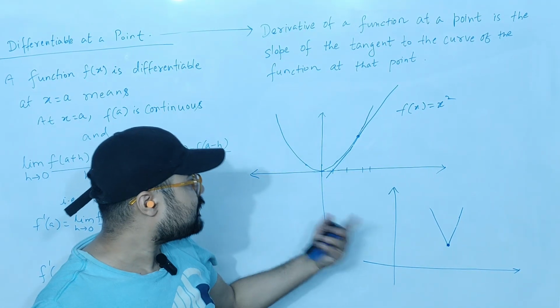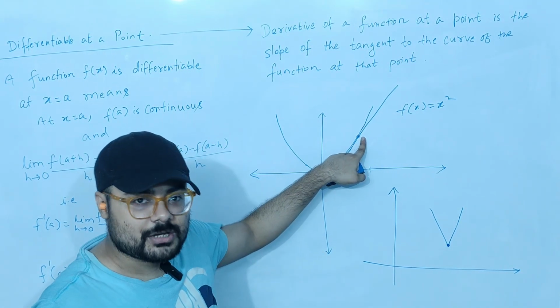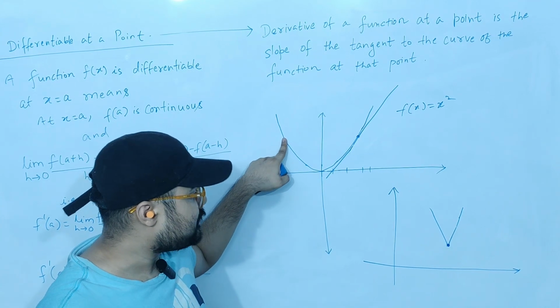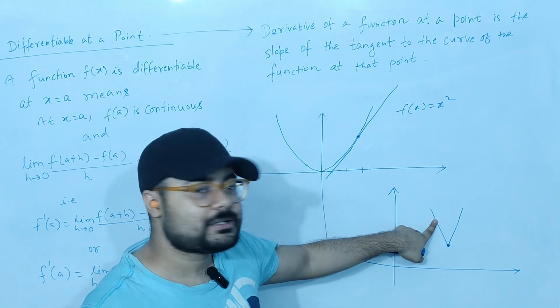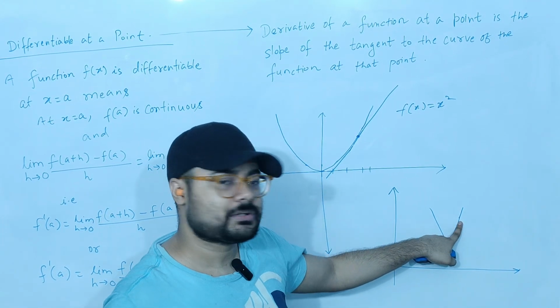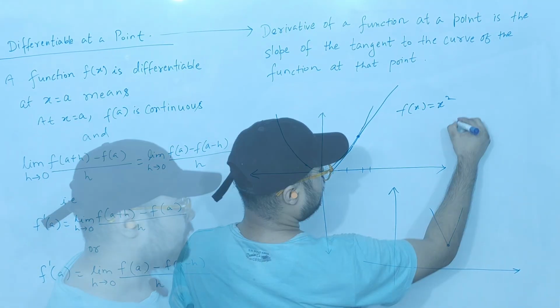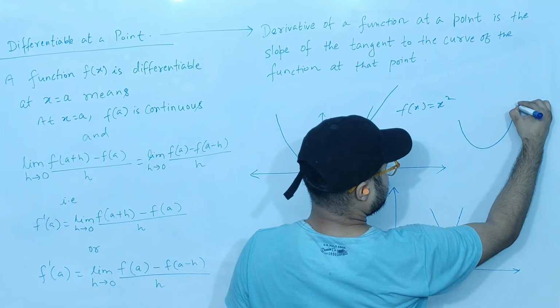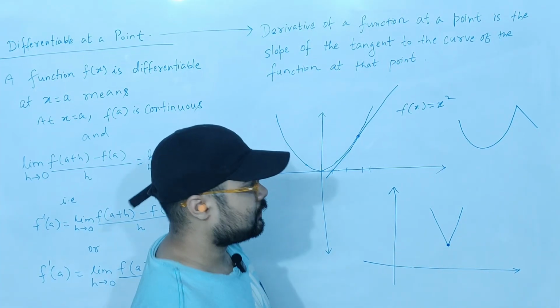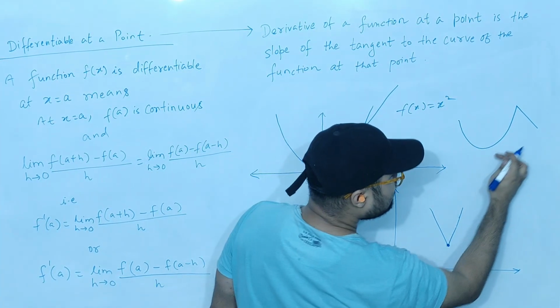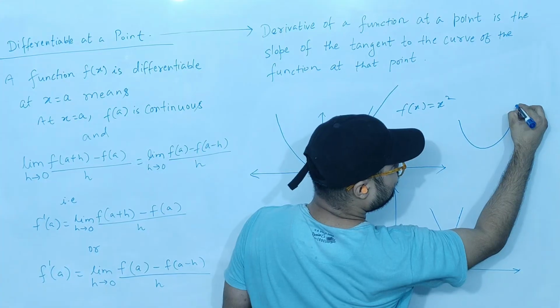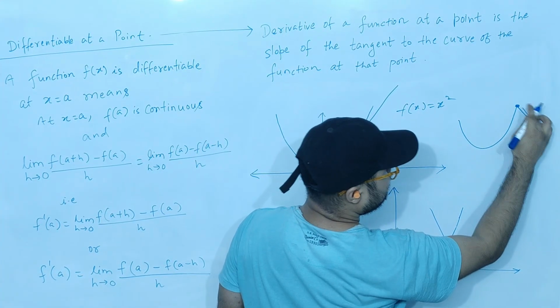So this is what differentiability is. At this point, this function is differentiable. At this point, it is differentiable. But at this point, it is not differentiable. If you take a curve like this, then it is differentiable at all these points, but at this point, it is not differentiable.